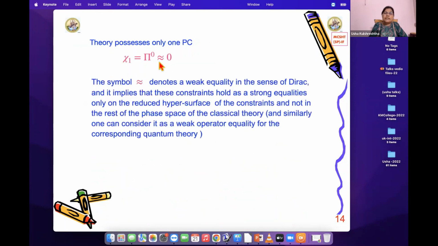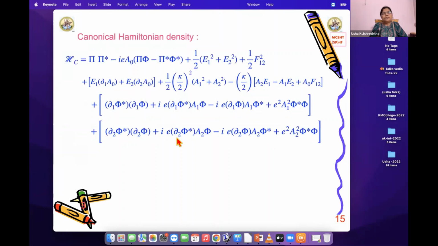And this symbol here denotes a weak equality in the sense of Dirac. And it implies that these constraints hold as strong equalities only on the reduced hypersurface of the constraints and not in the rest of the phase space of the classical theory. And similarly, one can consider it as a weak operator equality for the corresponding quantum theory.